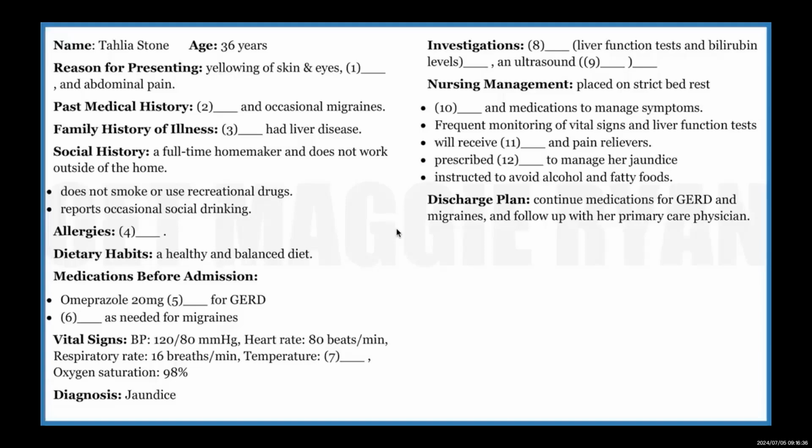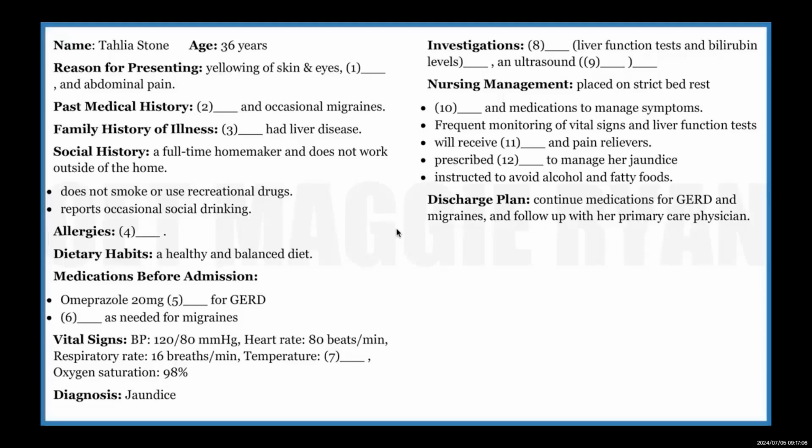Great, thank you. Now, I'm going to take your vital signs, including your blood pressure, heart rate, respiratory rate, temperature, and oxygen saturation. Your blood pressure is 120 over 80 millimeters of mercury, heart rate is 80 beats per minute, respiratory rate is 16 breaths per minute, temperature is 37.2 degrees Celsius, and oxygen saturation is 98% on room air.